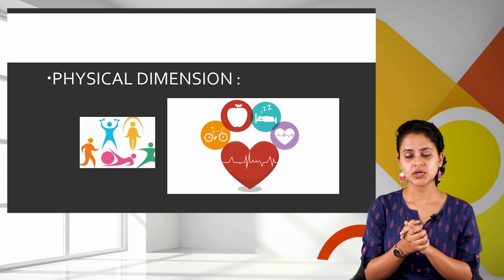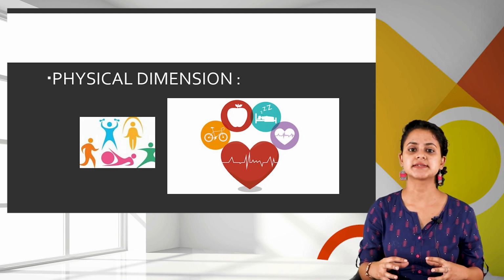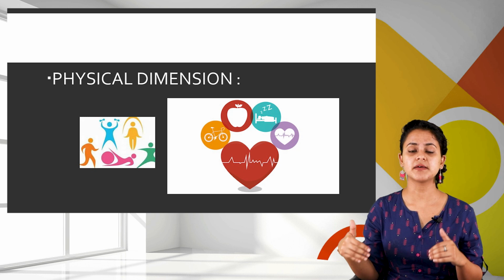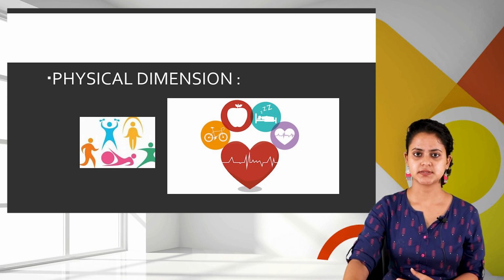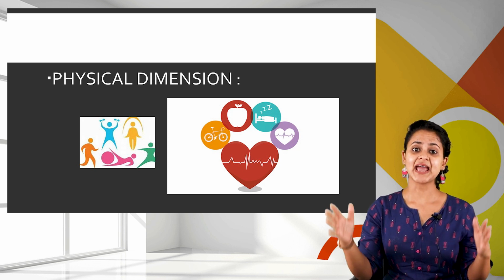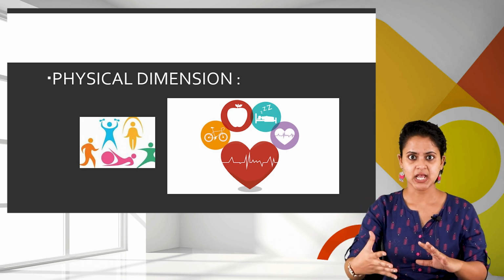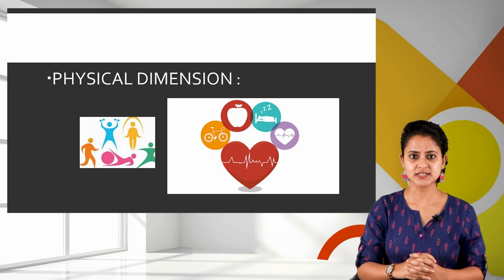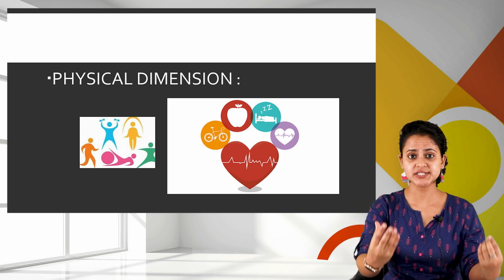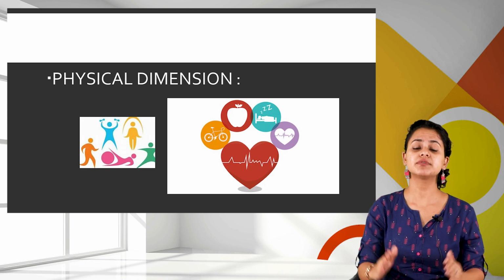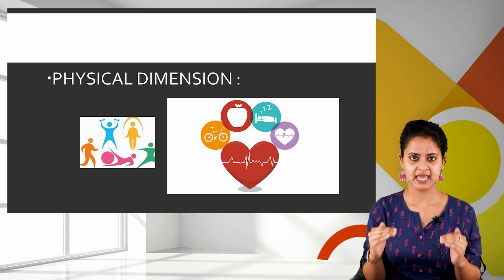Now, next, physical health can be assessed at the community level by the measurement of morbidity and mortality rates. So it's not that health cannot be defined or assessed. If we get the morbidity and mortality rates from each community, we will be able to understand their status of health.